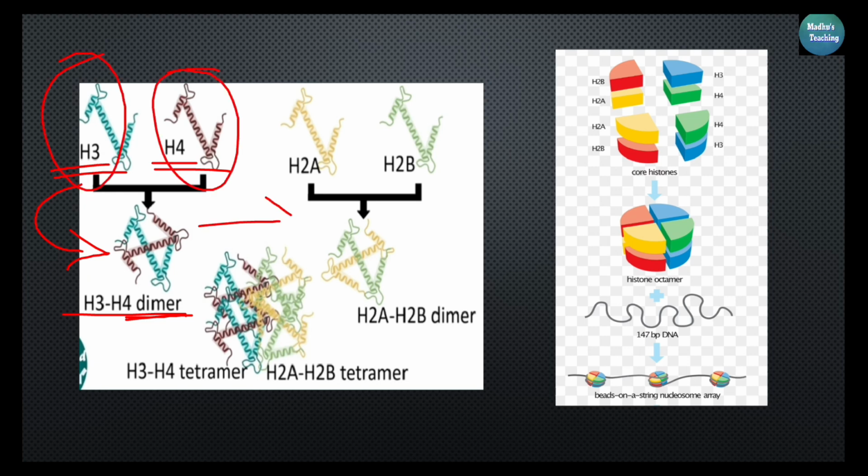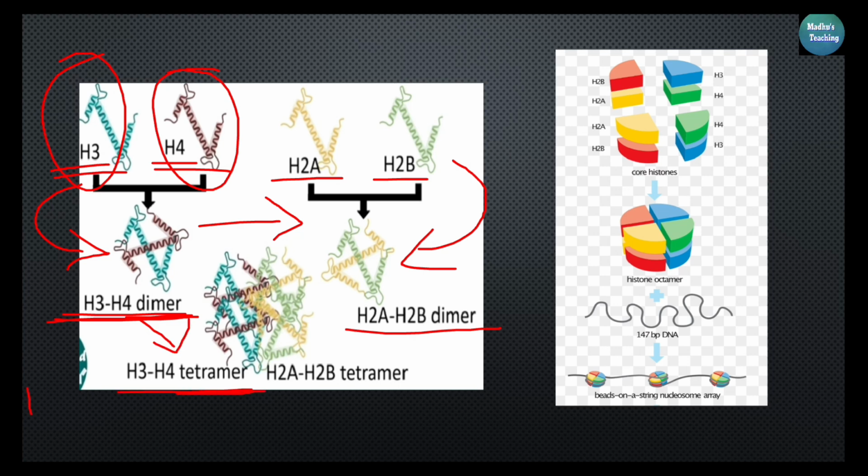In the same way, this is H2A histone protein and this is H2B histone protein. When these two molecules are bound together they form the H2A H2B dimer. Then the H3H4 dimer along with another H3H4 dimer combine to form the H3H4 tetramer.